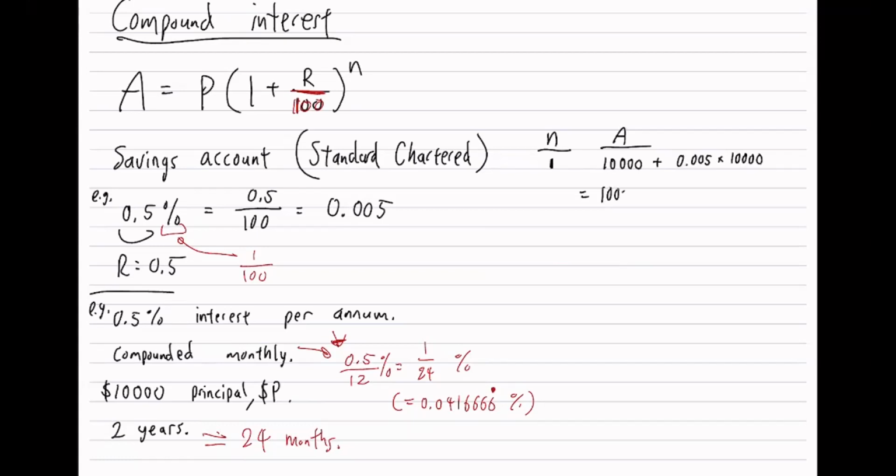You can factor out the 10,000, right? Then you get 1 plus 0.005. Oh, sorry, that's not correct. It shouldn't be 0.5% anymore. It should be the 1 over 24%, the 0.0416. I'll just use the rounded off value.